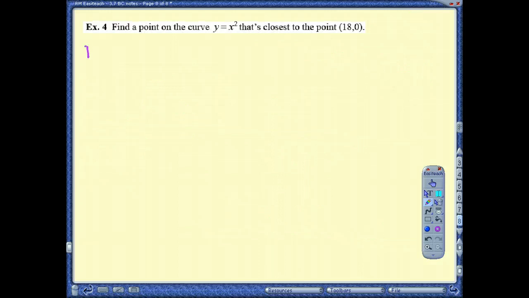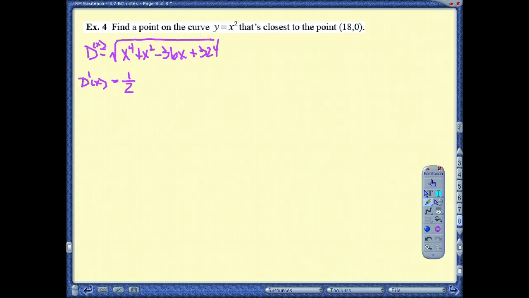Okay, so looking at my derivative, here's my original function, x to the fourth plus x squared minus 36x plus 324. When I find the derivative, I keep forgetting to put my x in there. It's a chain rule, so bring the 1/2 power down in front. Don't do anything to the inside. Subtract 1 from the exponent, then multiply by the derivative of what's inside.